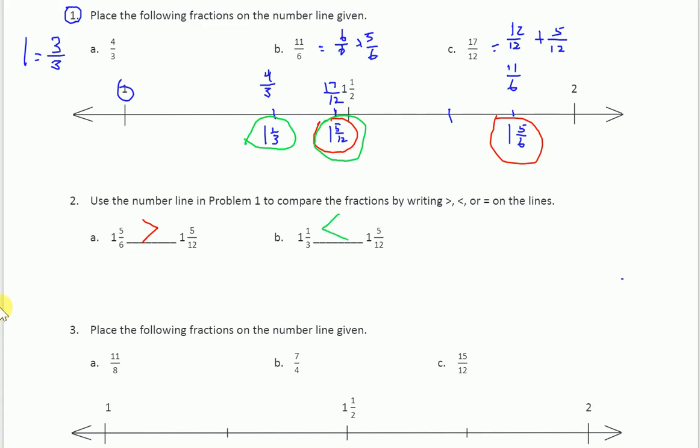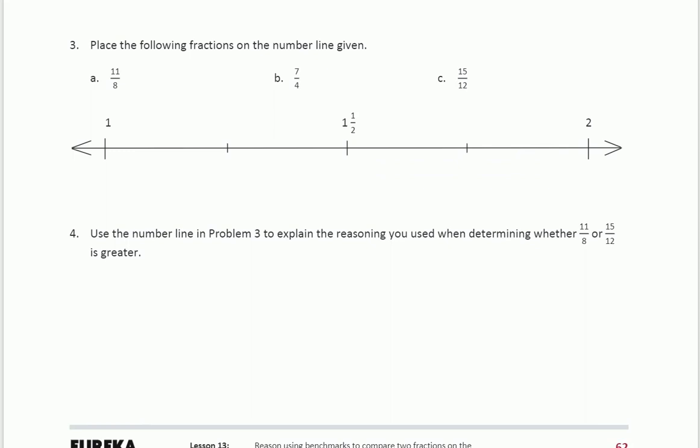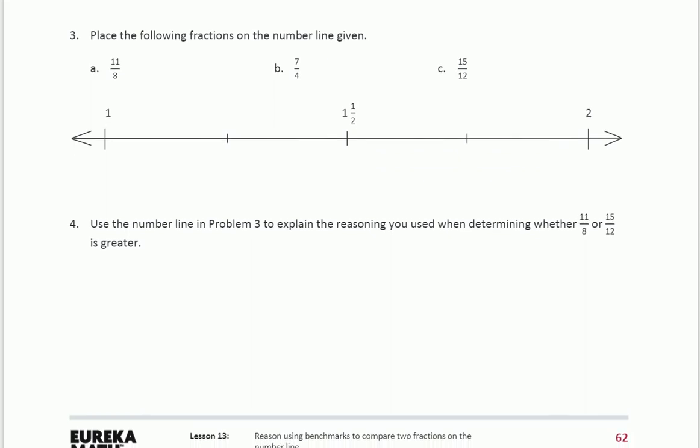So there you go. Now we're going to do pretty much the same thing for problem number 3. Let's scroll down a little bit so we can work with number 3. Once again, we're going to place these fractions on the number line, going from 1 to 2.